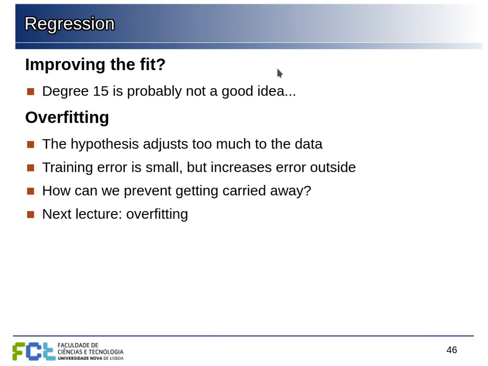The hypotheses that we choose are now so adjusted to the training data that even though the training error is small, the error outside the training data can be very large. And so we are losing the ability to generalize outside the training data.